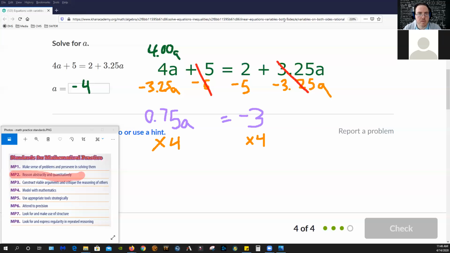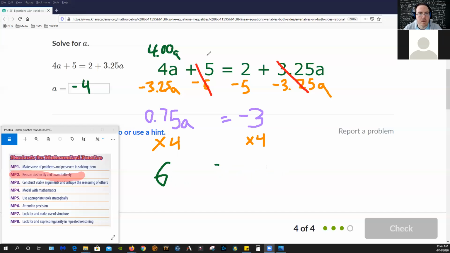Because if you multiply them both by 4, 2 of these makes 1.5, so this would be equal to 3. Back that up.